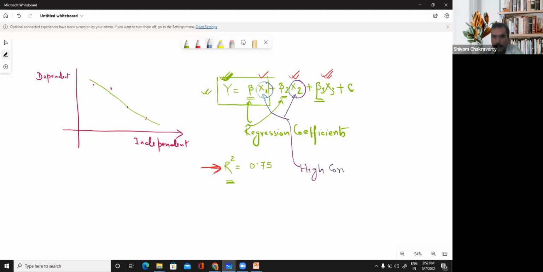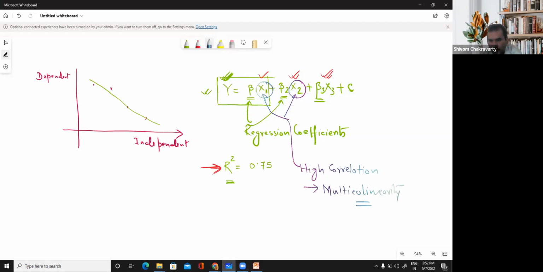High correlation will give rise to multi-collinearity. This is a problem. This is one of the things we should be alert about.